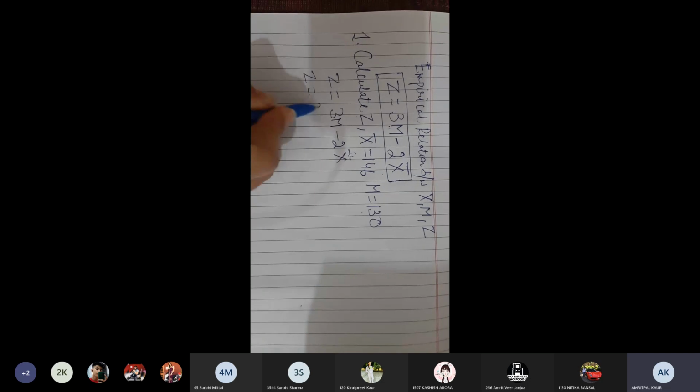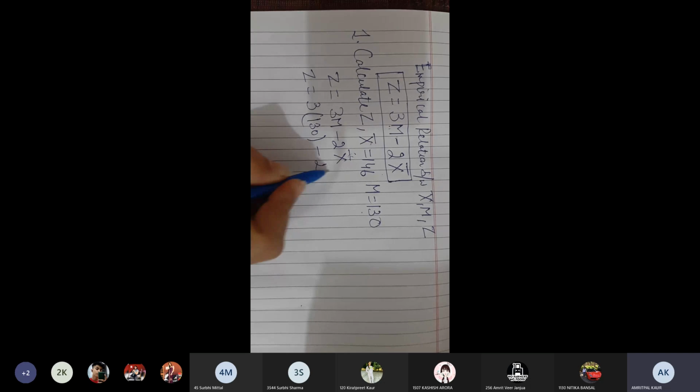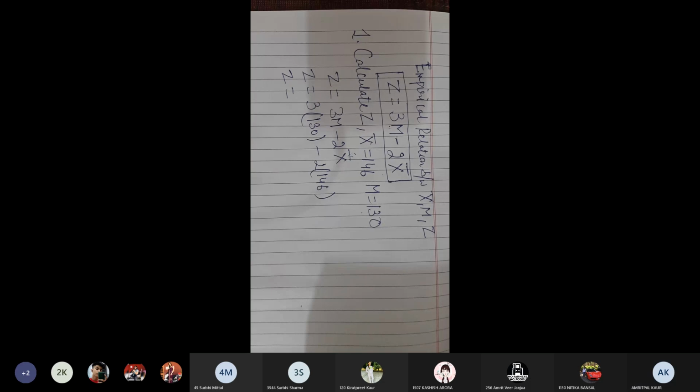So Z is equal to 3 into 130 minus 2 into 146. Please solve it and then tell me the value of mode. Calculate the value of mode and then tell me what the answer is.